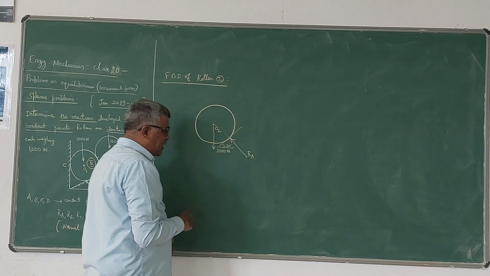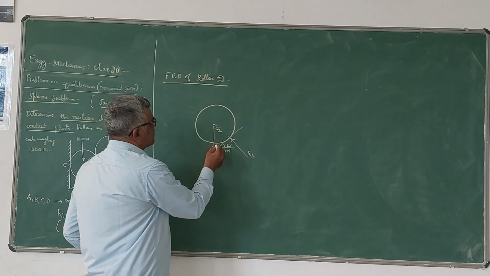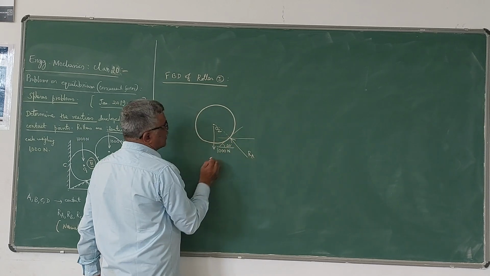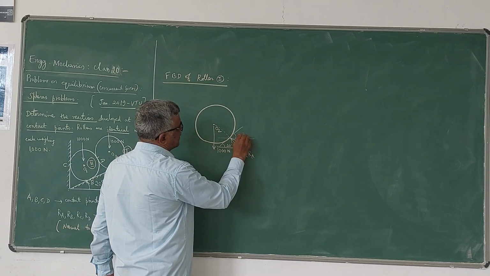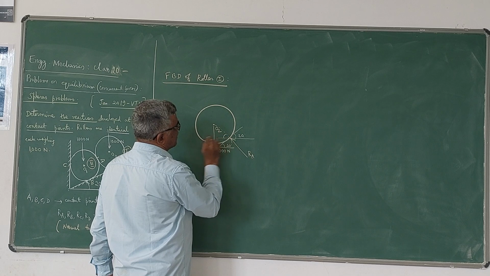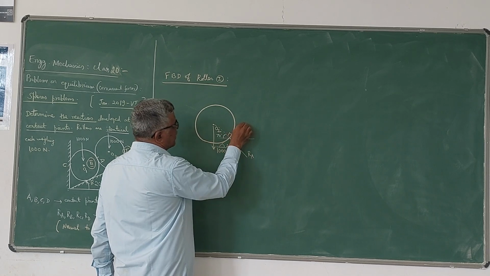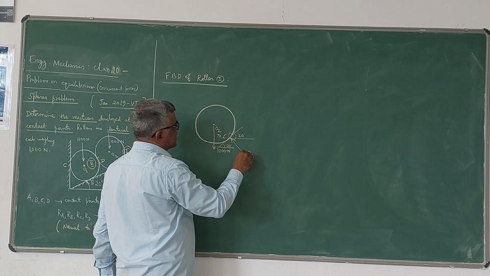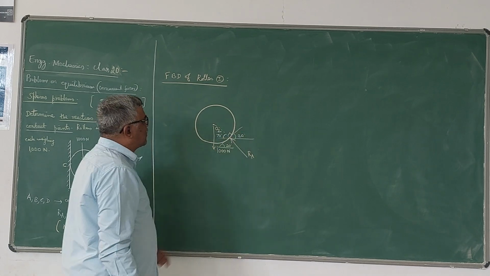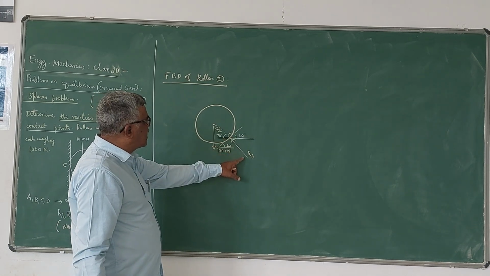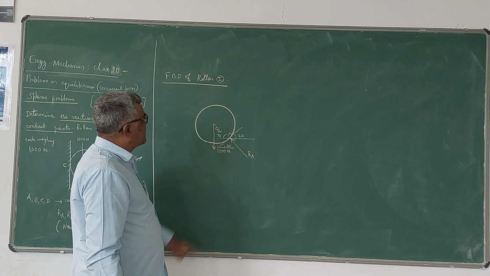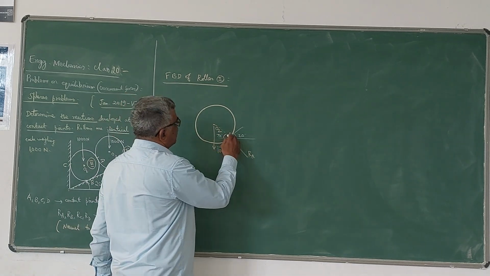When this becomes 20 degrees, this also becomes 20 degrees. When this is 20 degrees, this becomes 70 degrees. Please note that, that is very important, because this tangent and this radius, they are right angles. So this is 70 degrees. That means RA is making an angle of 70 degrees with the horizontal.